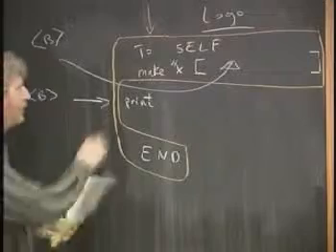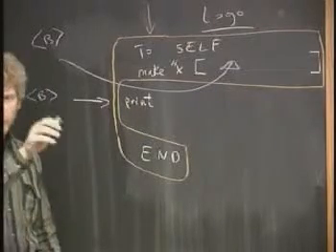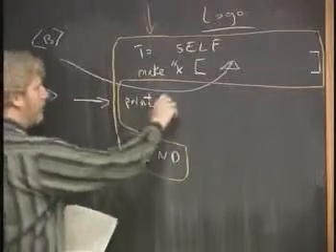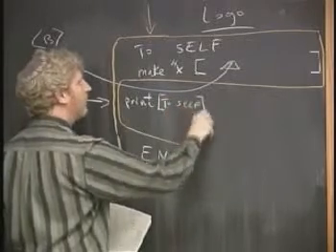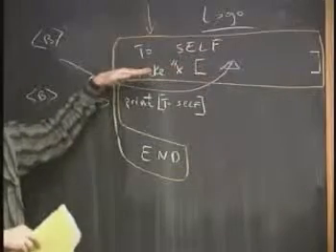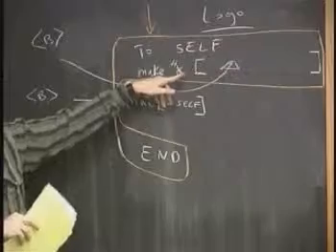But basically, if you do print, it'll shove a carriage return at the end of what you print. And if you do type, it won't put a carriage return at the end of what you do. So I'm going to do print to self. Okay, so that will print out the words to self and then do a carriage return. And then I'm going to type out the words make x.